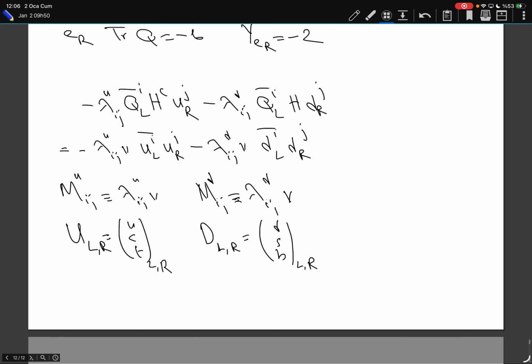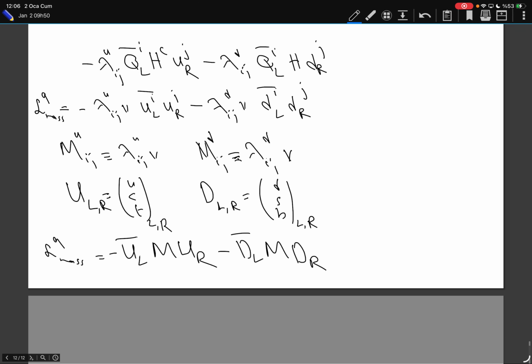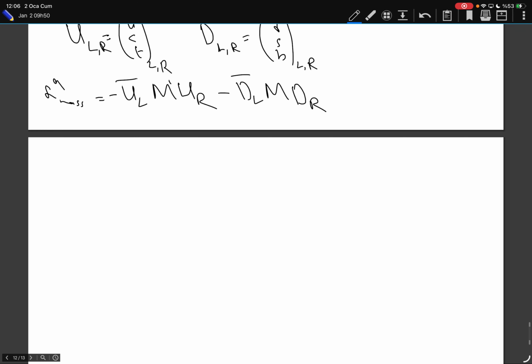Then these mass terms of the quarks just become U_L bar M_U U_R minus D_L bar M_D D_R. This is M_U, this is M_D.